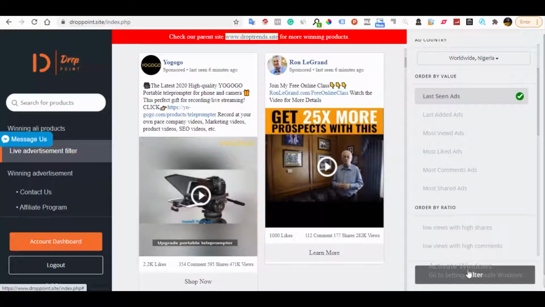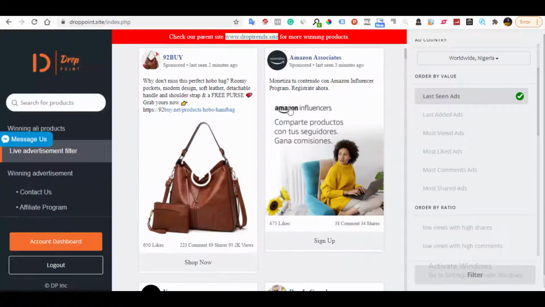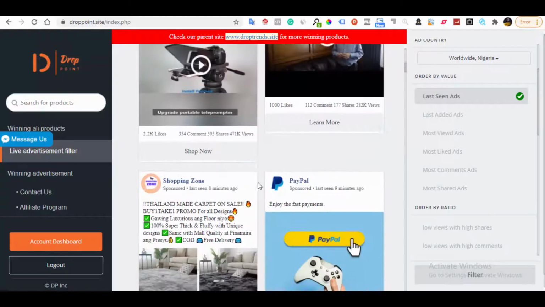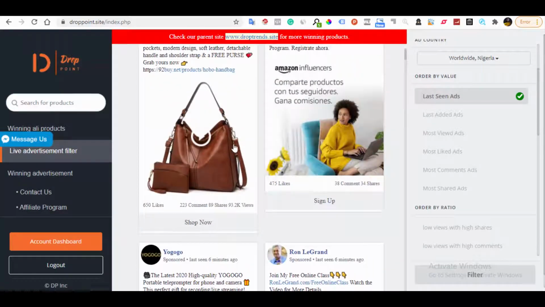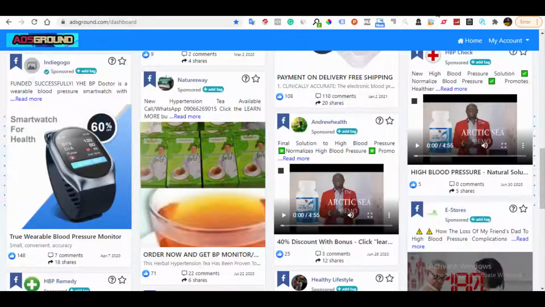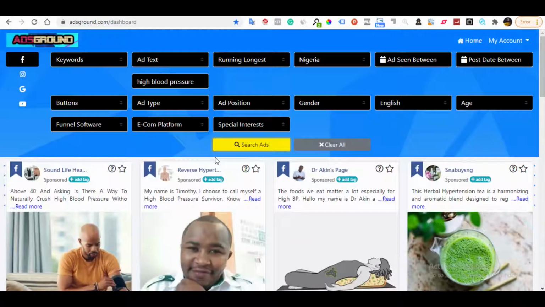So you do filter and you're going to have your field populated with the ads. For me, I no longer make use of it because I have another one I use. There's no point having to keep subscribing to both of them. So I make use of this, and this is what I've done.